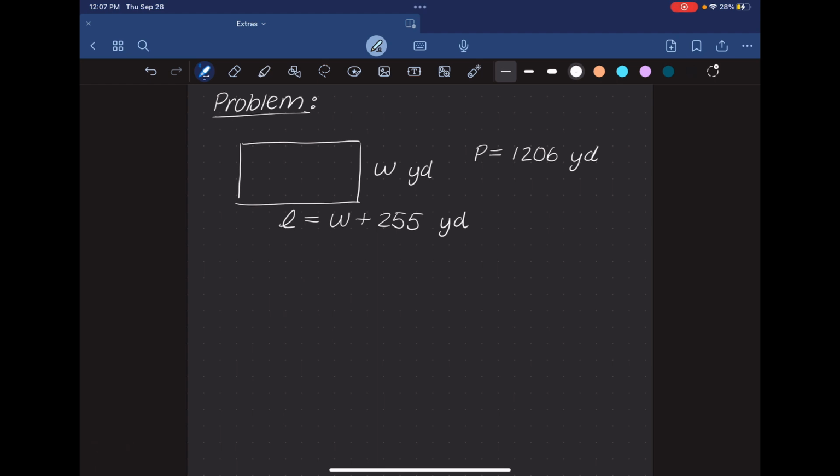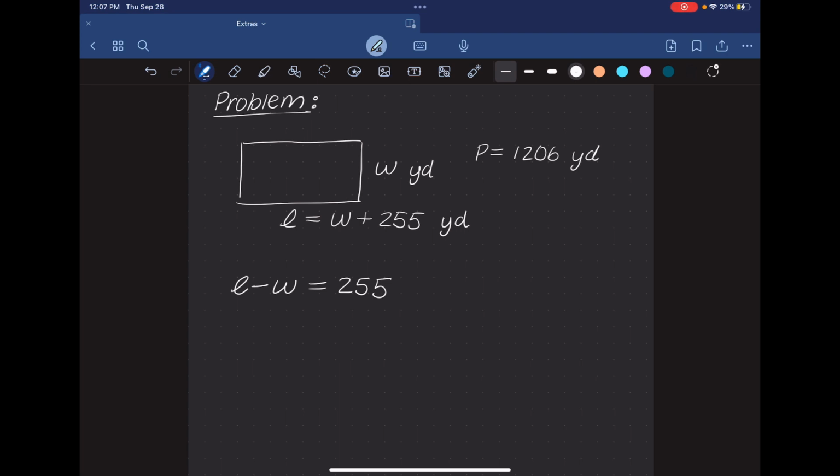First of all, we know that our length is equal to our width plus 255 yards. I can rearrange that and say the length minus the width is equal to 255. We also know that the perimeter is equal to 1,206.